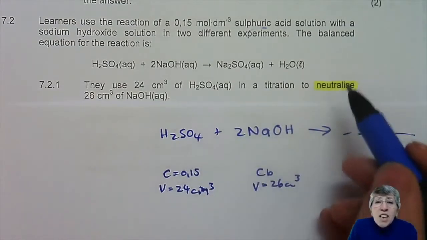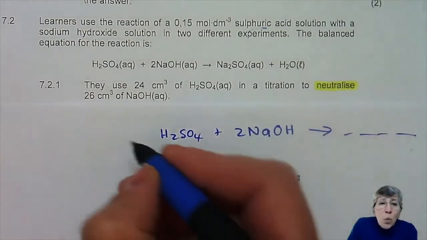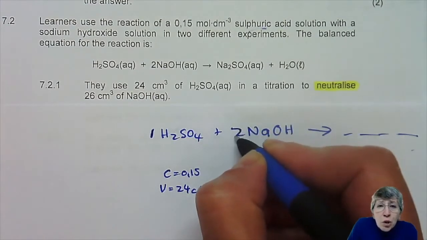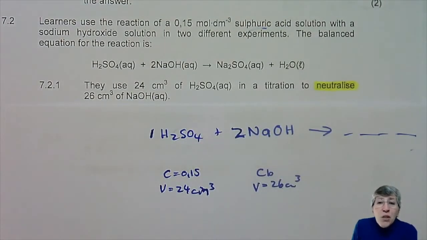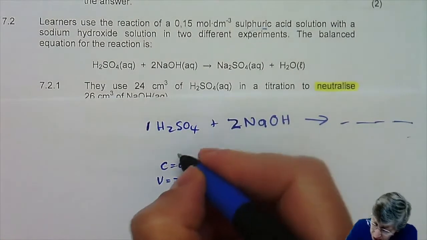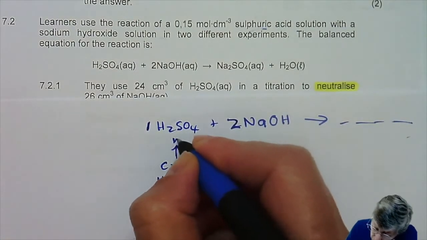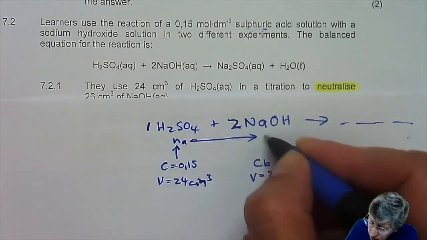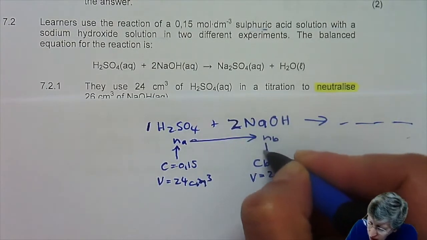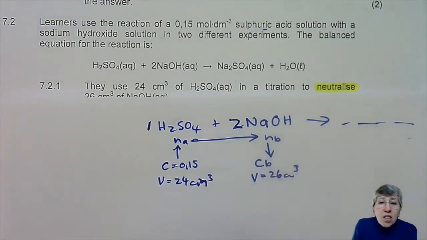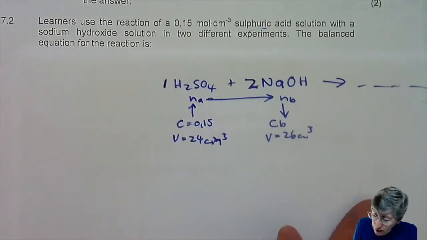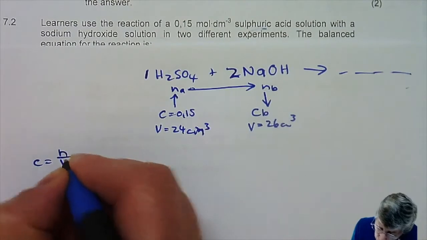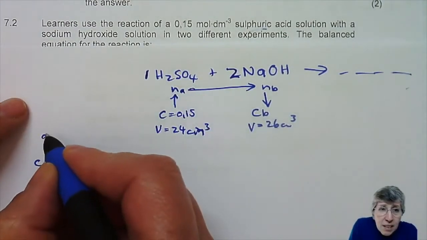Now, since they use the word neutralize, we know it is in the ratio 1 to 2. And now you can do one of two things. The first thing is you can do an old-fashioned working out the moles of that acid, using that to get the moles of the base, and then using that to get the concentration of the base. So you can start off by C equals n over V. We're doing that for the acid, right?